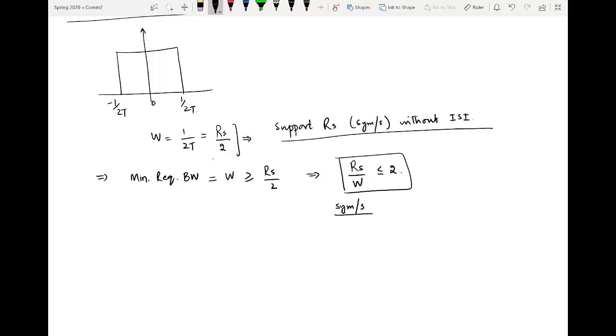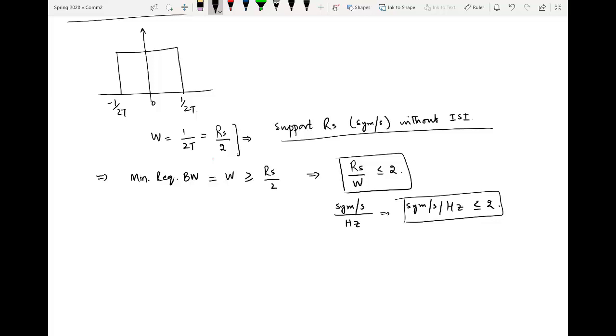And what is the unit of bandwidth? It is hertz. So you can say that symbols per second per hertz will be less than or equal to 2. So the Nyquist bandwidth constraint says that in order to have zero ISI, at least theoretically, the symbols per second per hertz must be less than or equal to 2. The upper bound is 2. You cannot achieve symbols per second per hertz greater than 2.